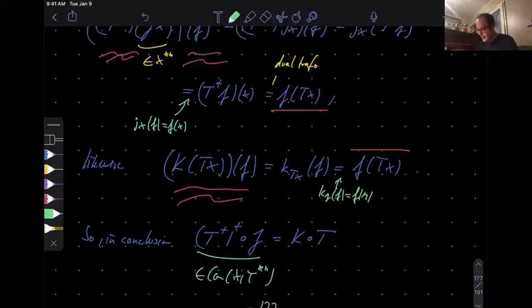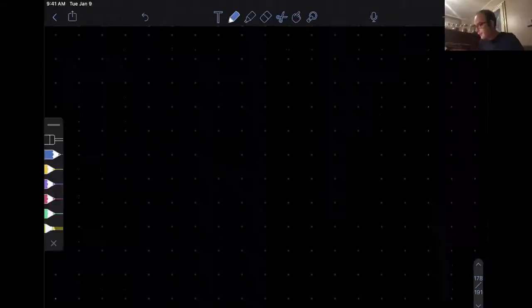All right, and now I claim this identity tells you immediately that this one has to be compact. Why is this? Well, remember this k, besides being a bounded linear transformation, it is also an isometry, right? So in conclusion, let's write down the punchline.